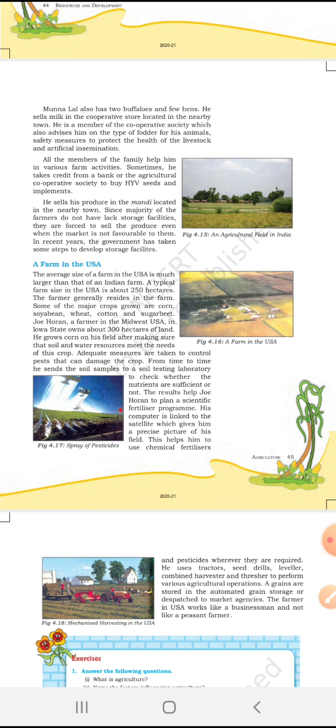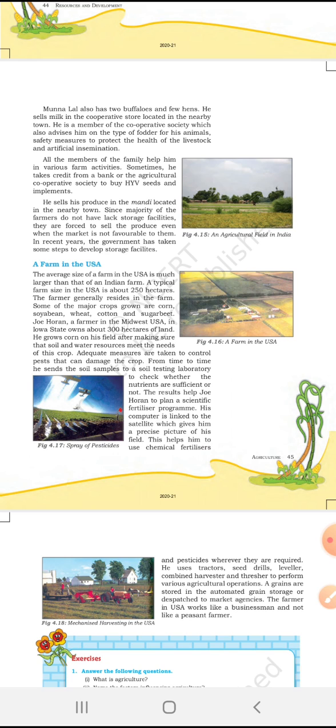One more important question. Write a short note on types of economic activities. Give examples. The three types of economic activities you all know: primary activities, secondary activities, and tertiary activities. Now, what are primary activities?